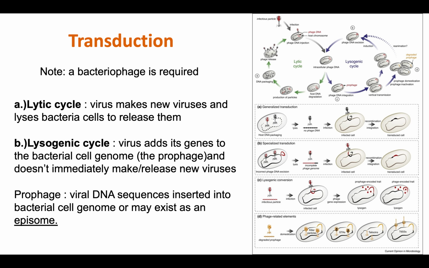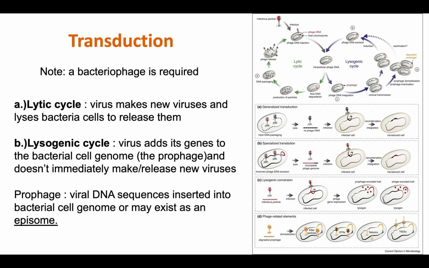And what happens is when the virus's genome leaves the bacterial genome, it may take a little piece of that bacterial cell's genome with it. So when that virus has assembled into new viruses, not only does it have its genome, it will have a piece of the bacterial genome in there with it.